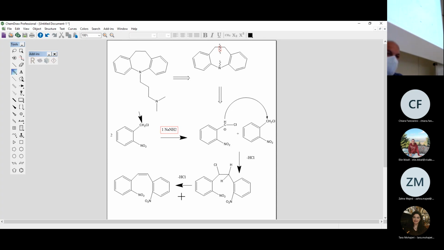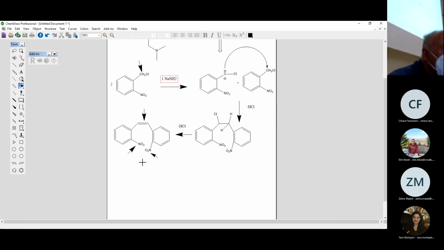At this point, we can make a reduction, because if you remember, we need a single bond in this position, and we need an amino group in this position, not a nitro group. We can make a reduction with hydrogen and with a special catalyst or another type of reduction. And this reaction is not difficult, and we can have the formation of these species.